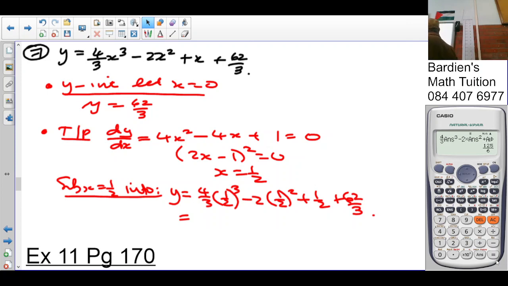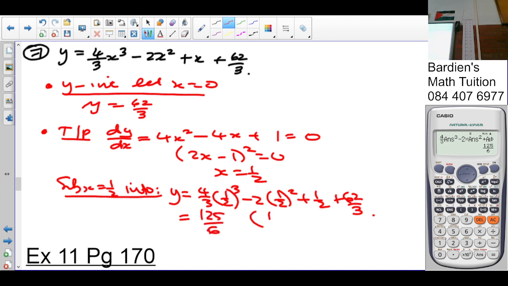It gives you 125 over 6. So this coordinate is a half and 125 over 6, or in decimal that would be 20 comma something, no? It's 20,83.